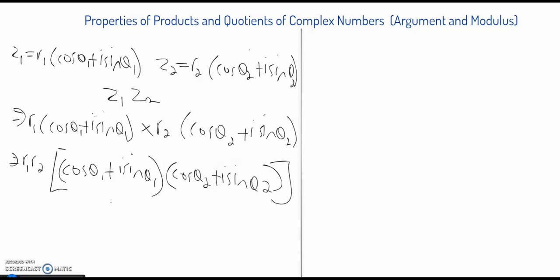Now, we have R1 and R2 outside already. Inside, we're going to expand these brackets just like how we'd expand two normal polynomial brackets. So outside we have R1 R2.